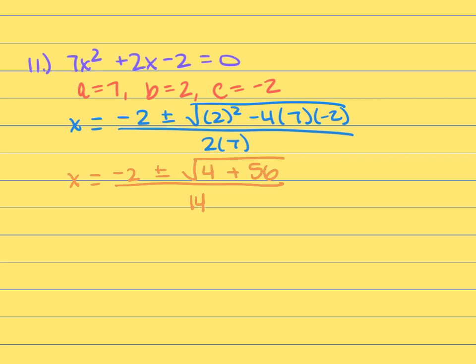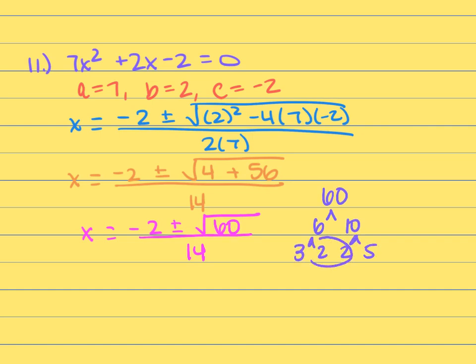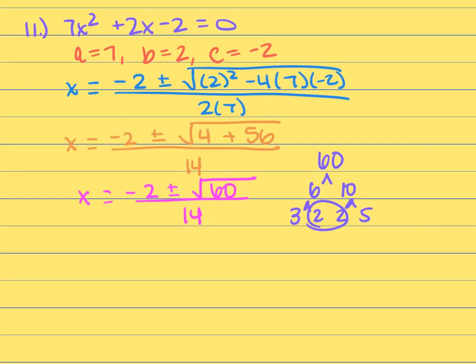From here, we are going to have x is equal to negative 2 plus or minus the square root of 60 all over 14. The 60 is 6 and 10. The 6 is 3 and 2. The 10 is 2 and 5. So that's 2 square root 15.